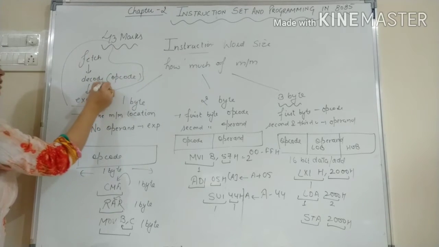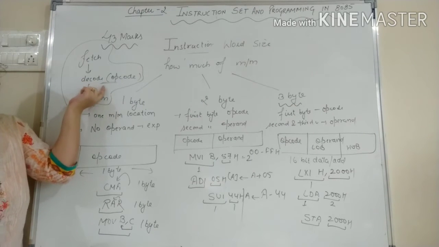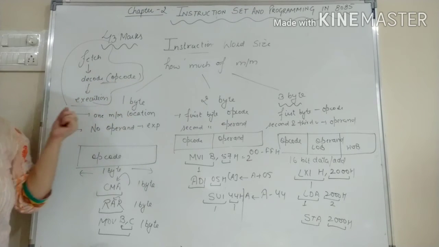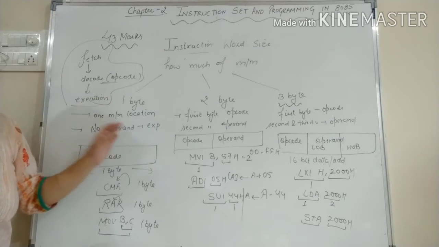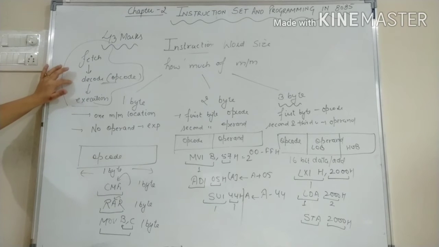For each and every instruction, the microprocessor will get the opcode, so that it comes to know whether it has to perform the add operation, any logical operation, compare or anything else. That will be decoded in this part.